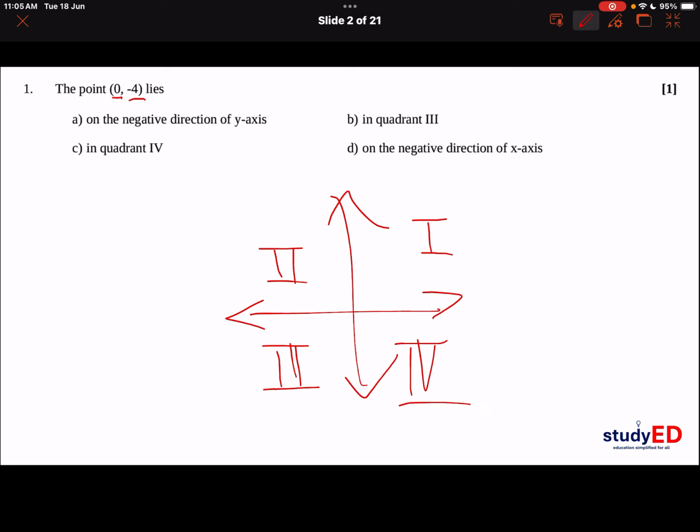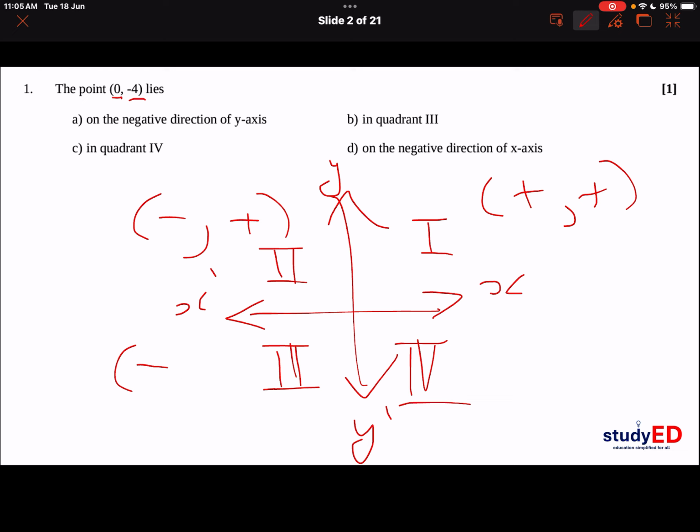Quadrant 1 is positive, positive; 2 is negative, positive; 3 is negative, negative; and 4 is positive, negative. This represents abscissa and ordinate.